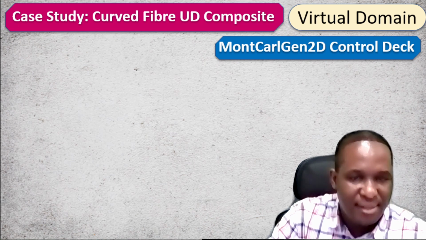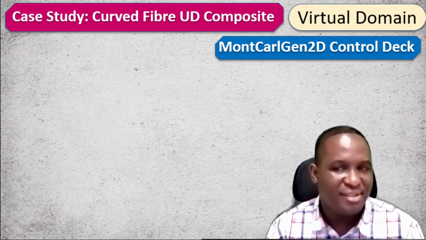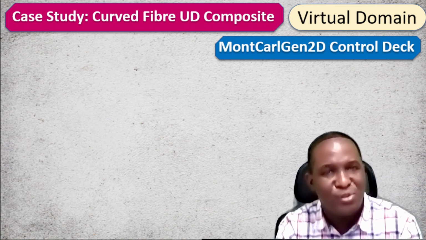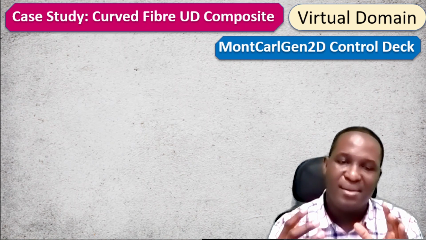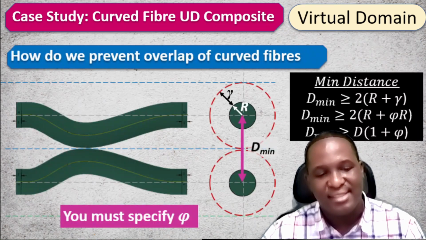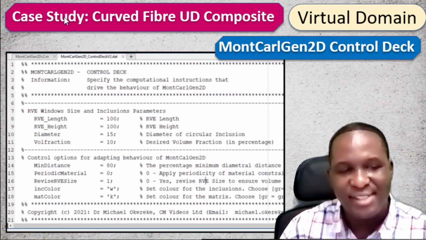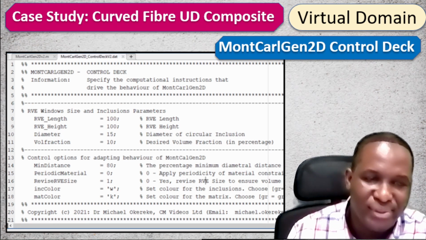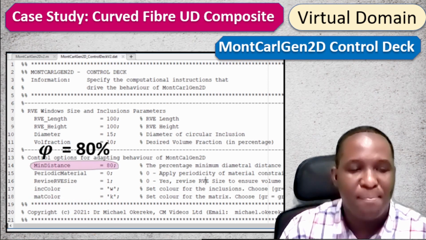Of course, I've got a code called MontCarlGen 2D, which basically creates this random positioning of the fibers. And even within MontCarlGen, there's also this feature which allows you to specify a distance within which there will be no overlap in this domain. What I mean by that is that it allows you to specify gamma. So if you just look inside MontCarlGen, there is a control deck, which is basically a text file that controls what MontCarlGen does. And there is this parameter in this control deck, which is the minimum distance.